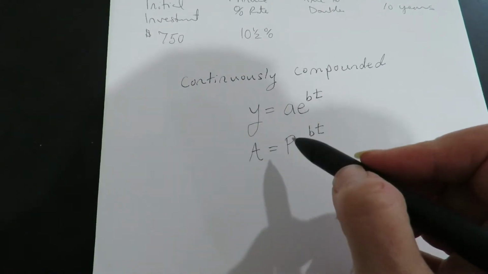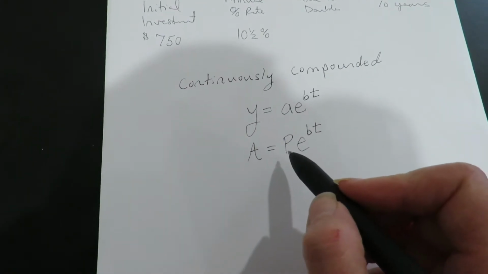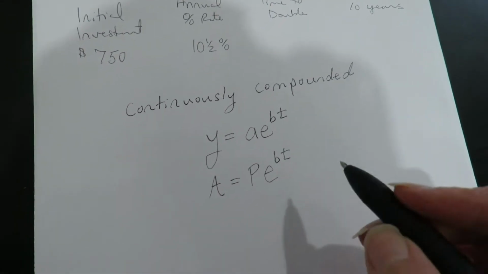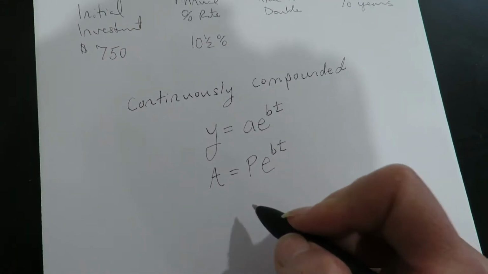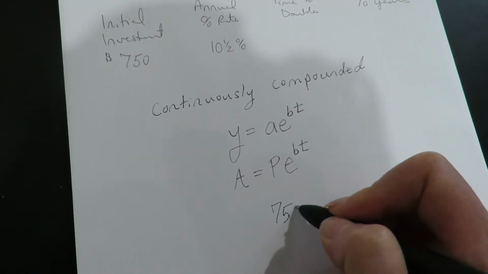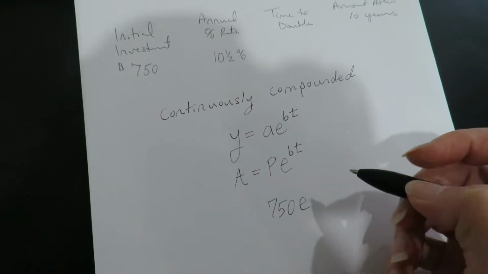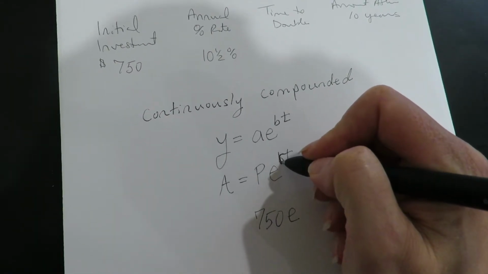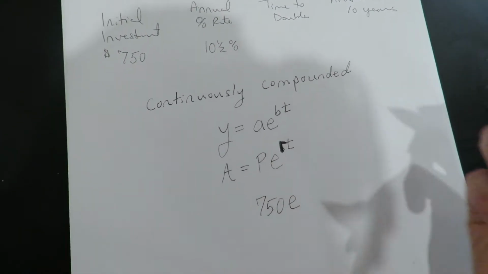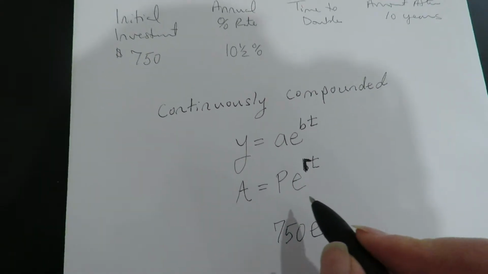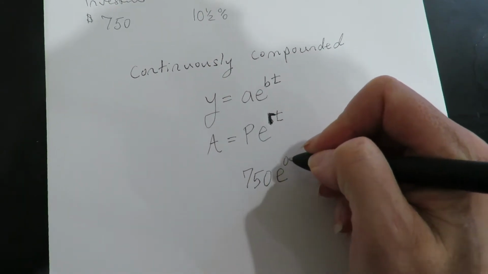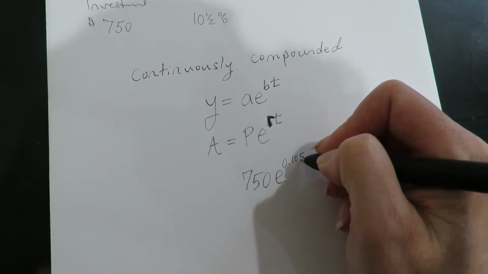These are actually the same equations. It's just for the money we tend to recognize the A and the P. But if you do it like this and you get it like this, it's absolutely fine. So the money we put in, P is 750. This would be rt in the money version, so the annual percent rate is 0.105t.